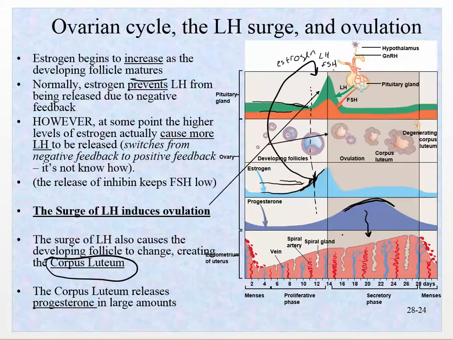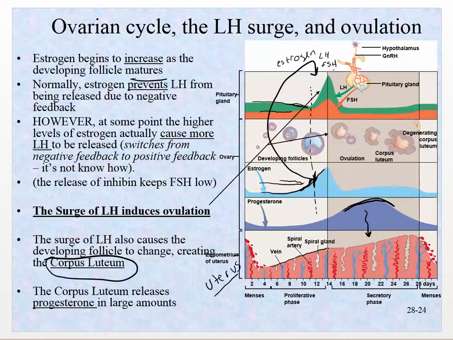And you can see that all along in the uterus, the endometrial lining has been building up. This lining of cells and blood vessels has been building up on the uterine lining, ready to receive a fertilized egg.